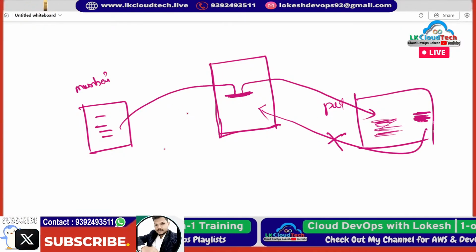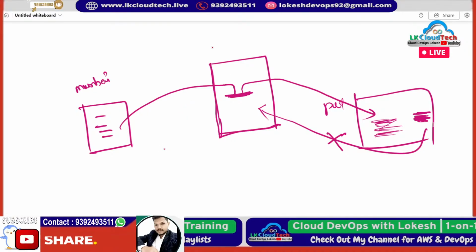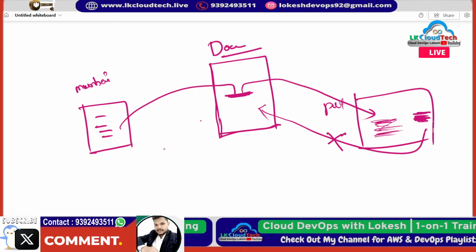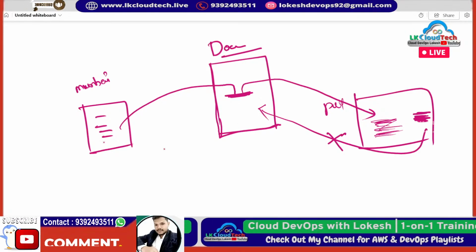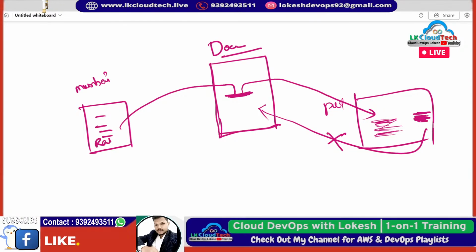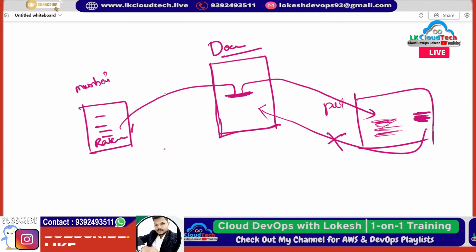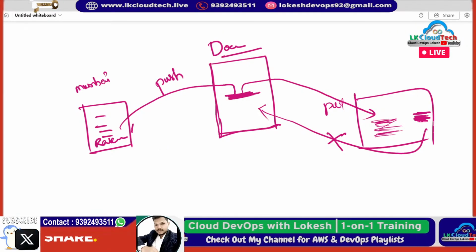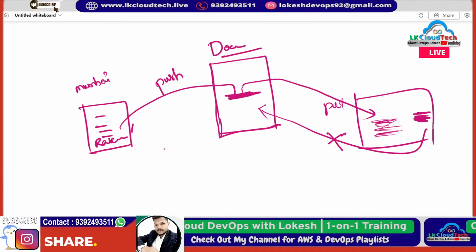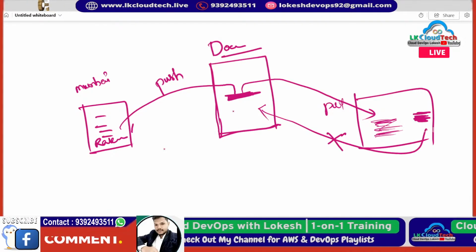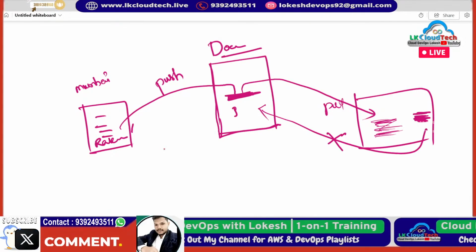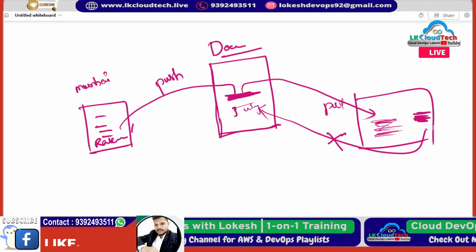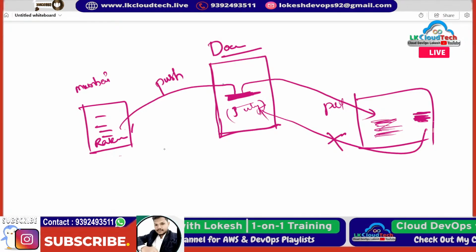In companies, they have some common Docker account. You will create one Docker image, something like Rakesh image. This Rakesh image you will push into Docker Hub. For example, you create one repository, maybe July repository. In this repository this image will be stored.